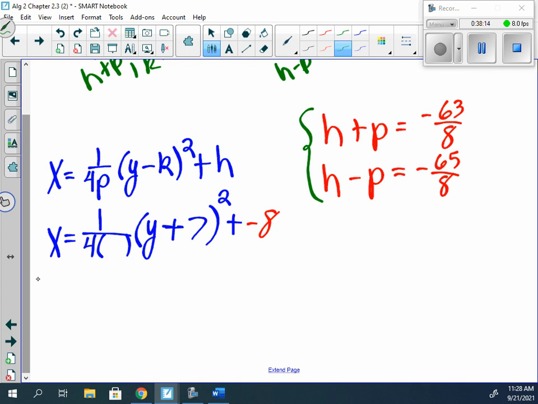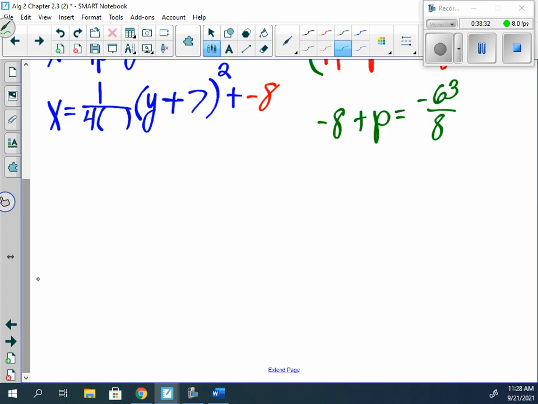Well, we couldn't use them really except together because we didn't know h or p. Do I know one of the two now? Yeah. I'll pick the top one. Negative 8 plus p equals negative 63/8. What can we do to solve for p? Minus negative 8 from both sides, or add 8. Both will work.